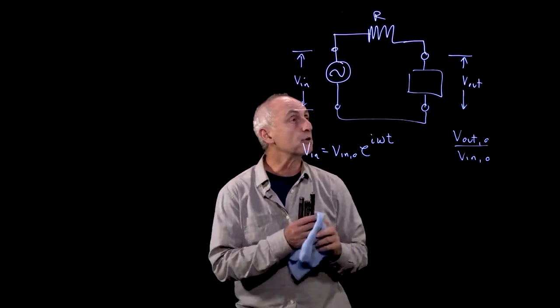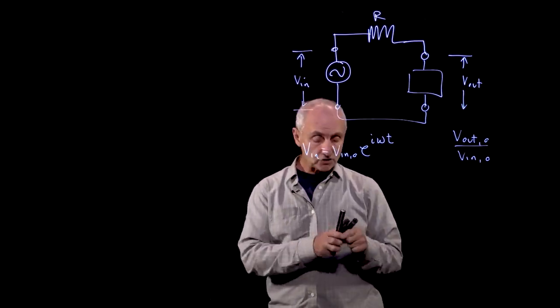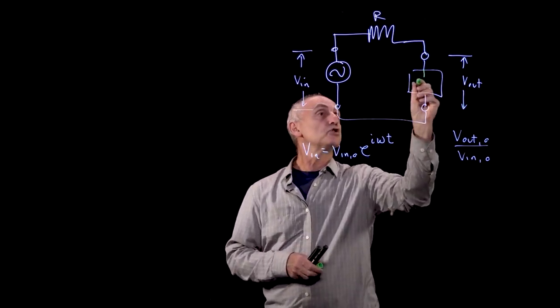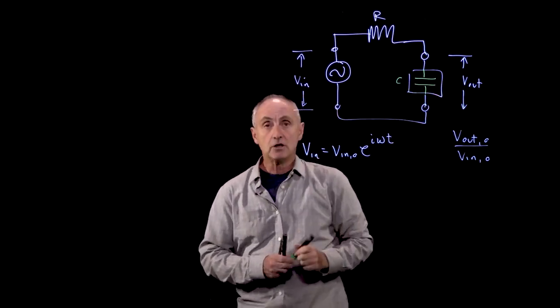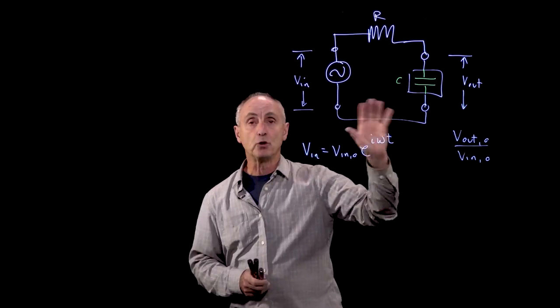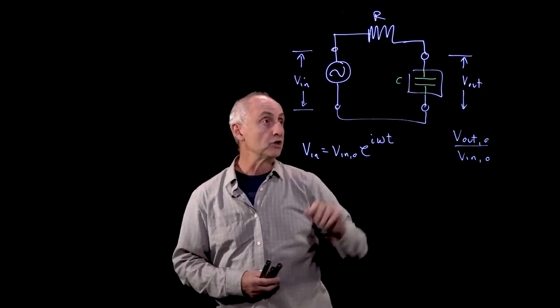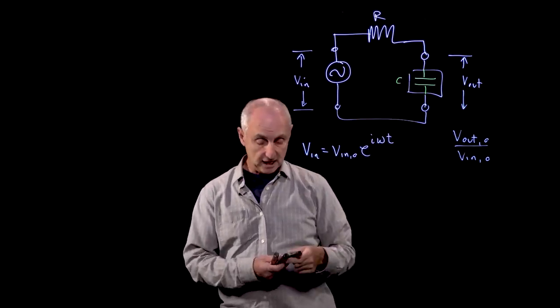Well, our first case that we're going to look at is where our circuit element in here is just a capacitor C. And let's analyze the output voltage compared to the input voltage for this case.